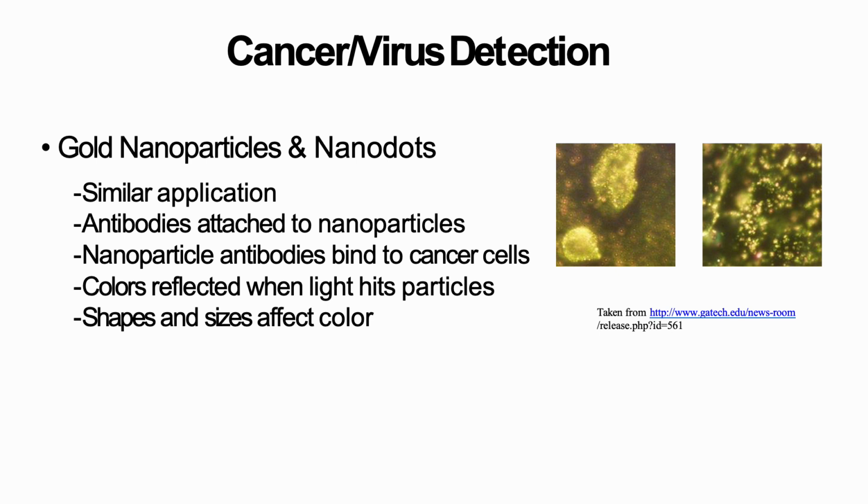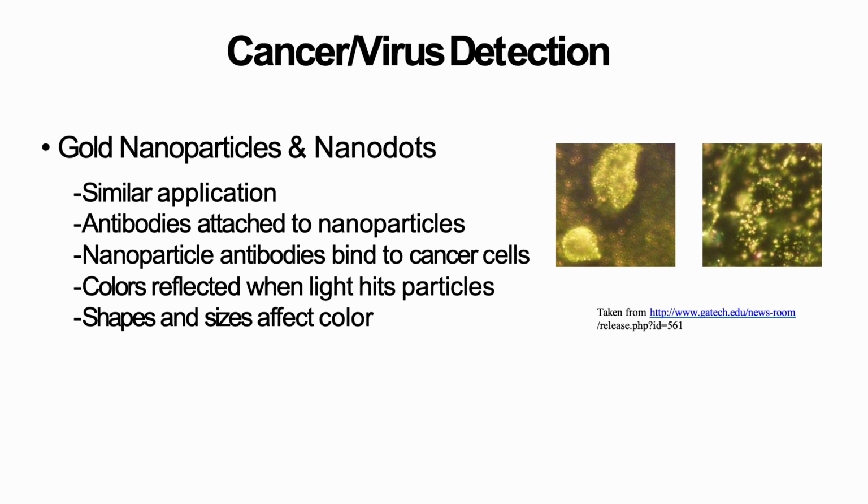Now, another system that we can use is gold nanoparticles and nanodots. So, similar application for cancer and virus detection. We are again having antibodies attached to nanoparticles. You see, the antibodies are the vehicles for nanoparticles. Now we have nanoparticle antibodies that bind to cancer cells.